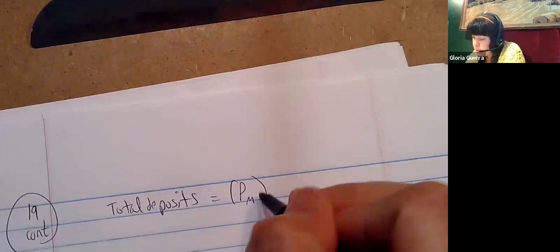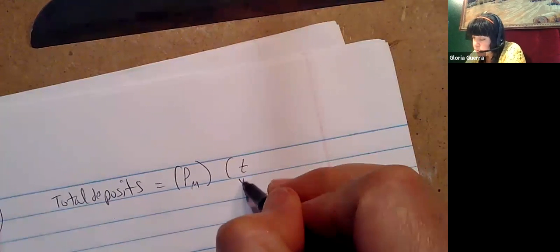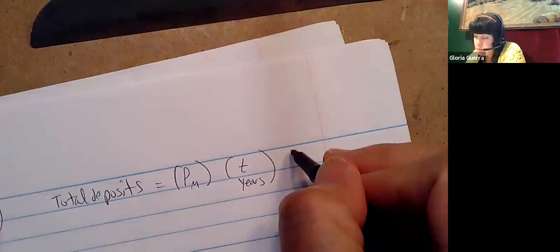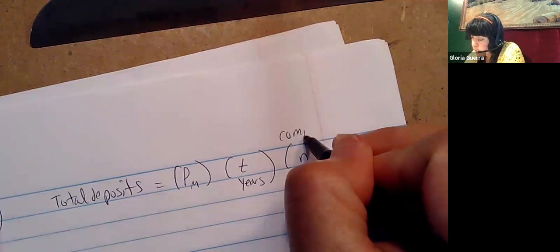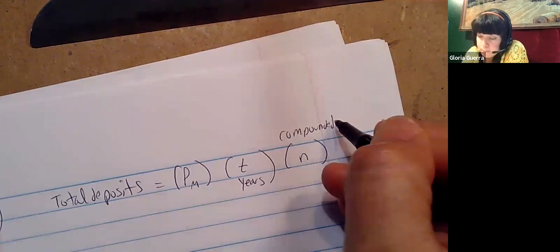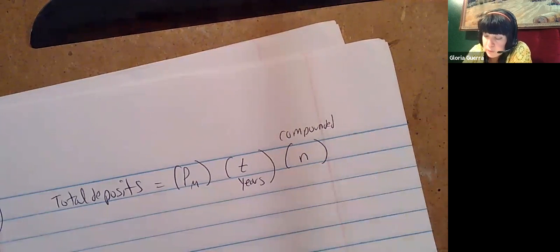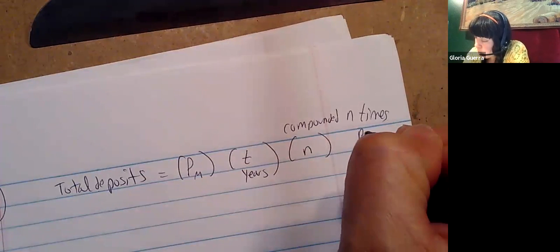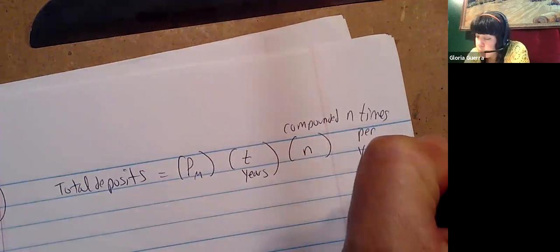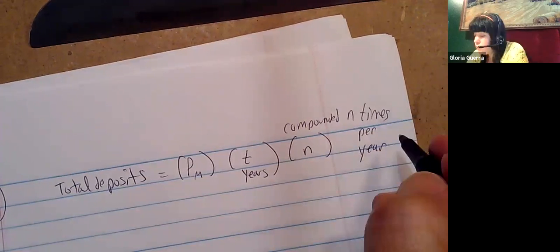So the total deposits are that PM, which I was calling P, times your T years, which was 6 years, times N, compounded N times per year, which is 4 times. It's quarterly.